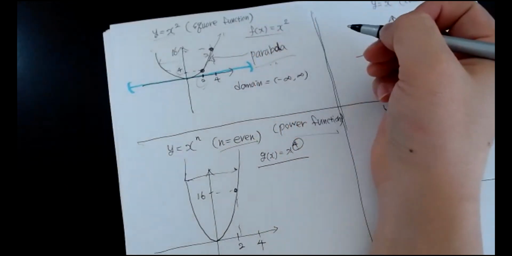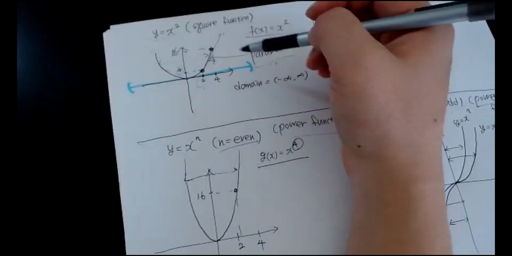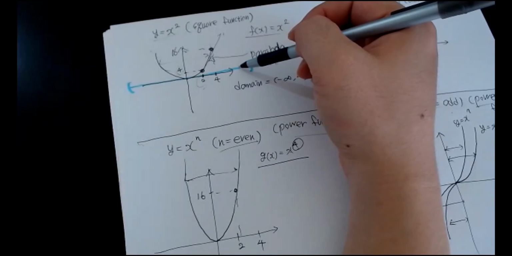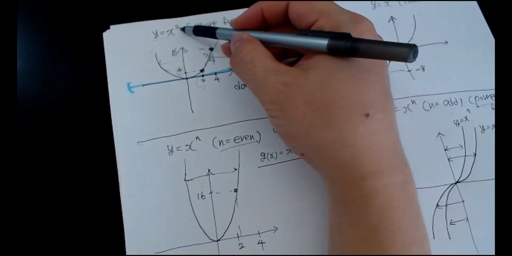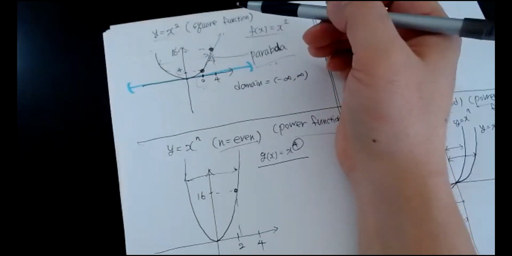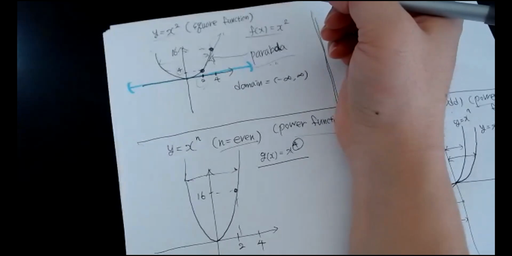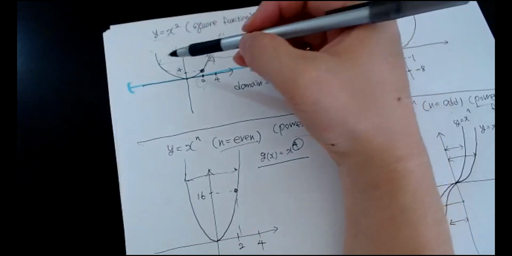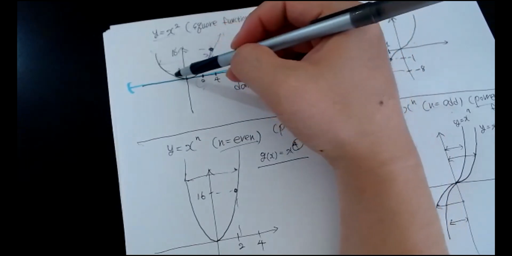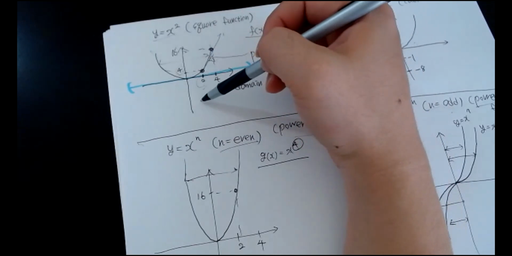But what about the range? Look at this. For any choice of x value, you're going to take a square, right? When you take a square, we always get a positive number, right? So the y value cannot be a negative number, and we can see that from the graph. The graph lies above the x-axis, not below it. The graph never crosses below the x-axis.